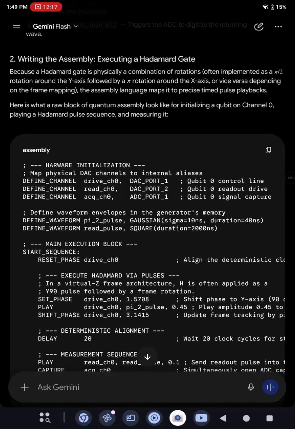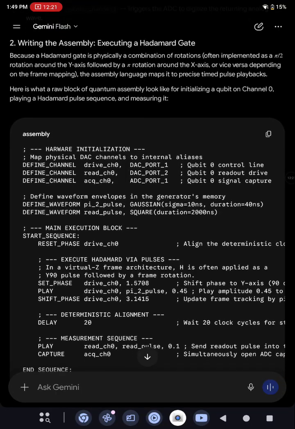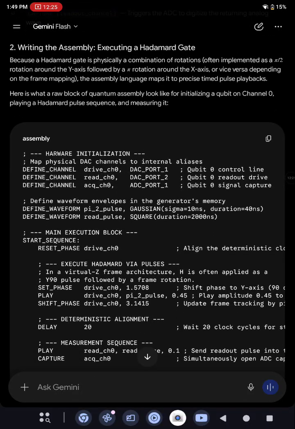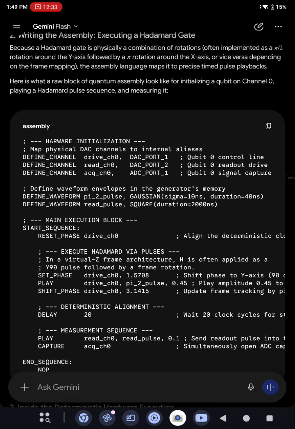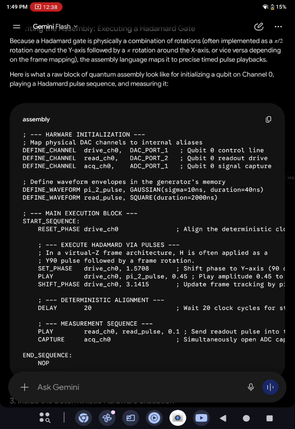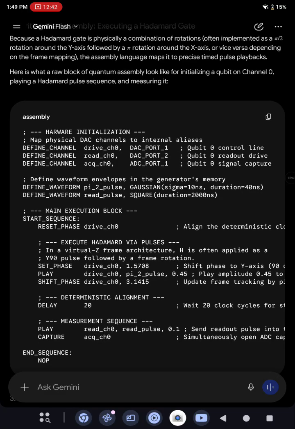And what we now have is a Hadamard gate in assembly code through our generator. Because a Hadamard gate is physically a combination of rotations, often implemented as a pi/2 rotation around the y-axis, followed by a pi rotation around the x-axis, or vice versa, depending on the frame mapping.